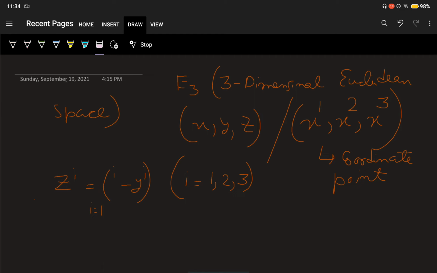So this can be simply written as z^i equal to x^i minus y^i. Now we know the transformation.